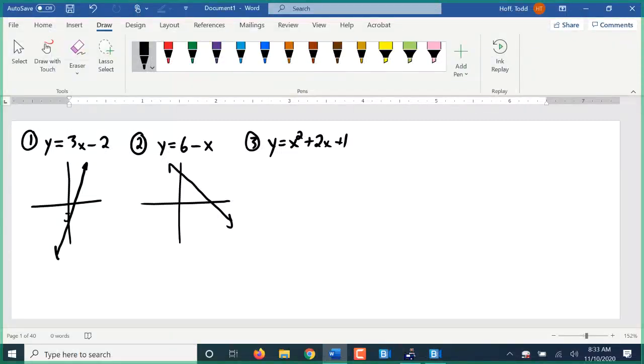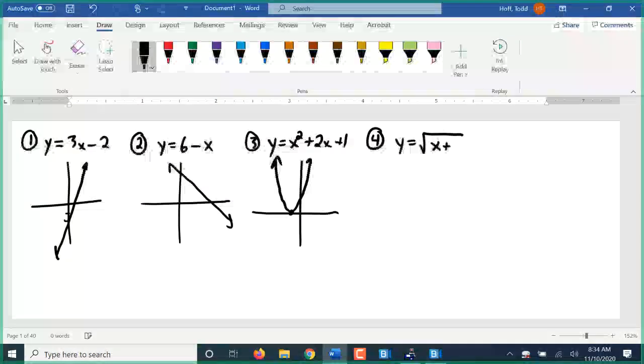When we go to graph this one, we end up getting a parabola, something like that. Number 4. y equals the square root of x plus 6.